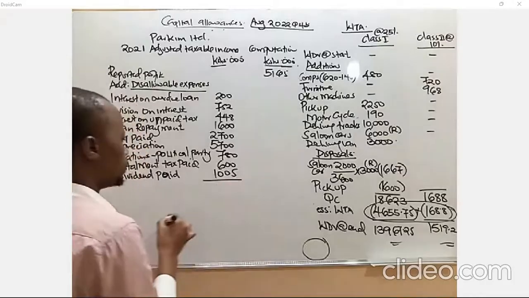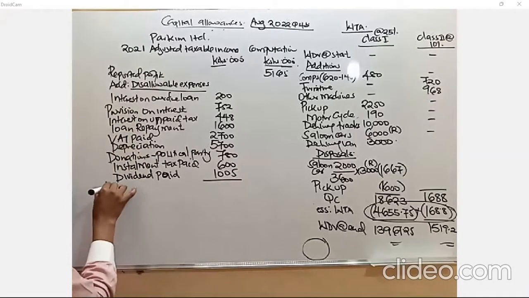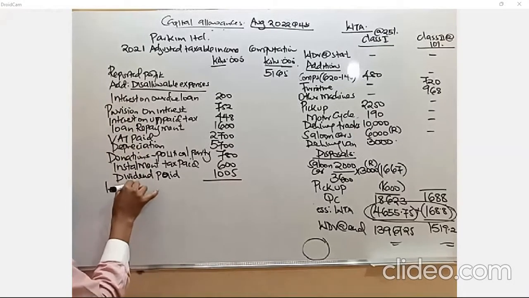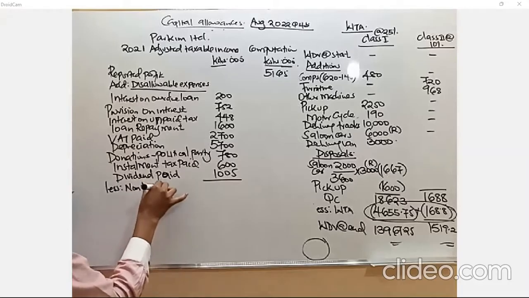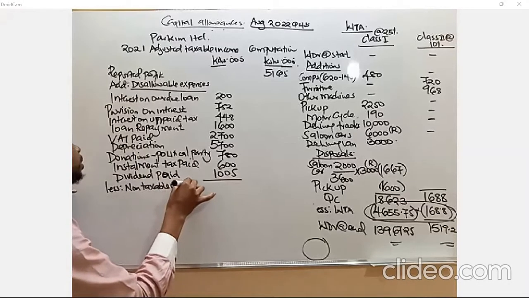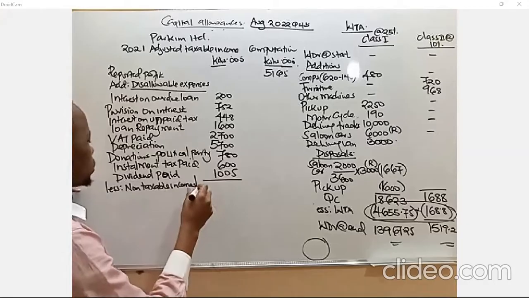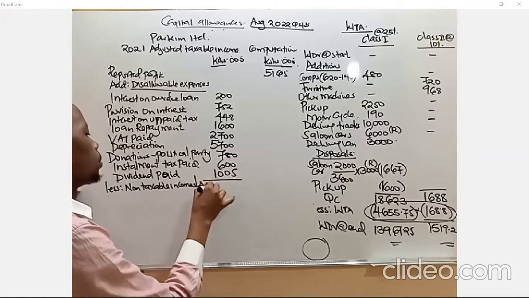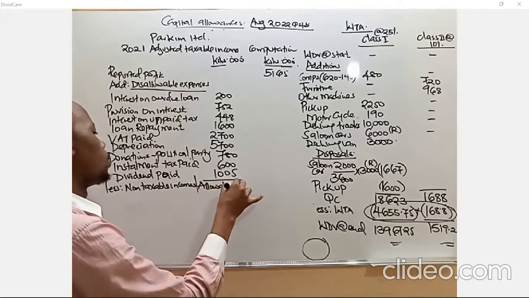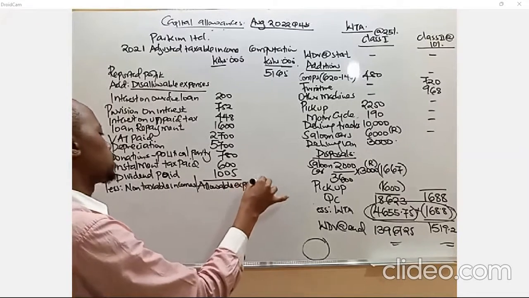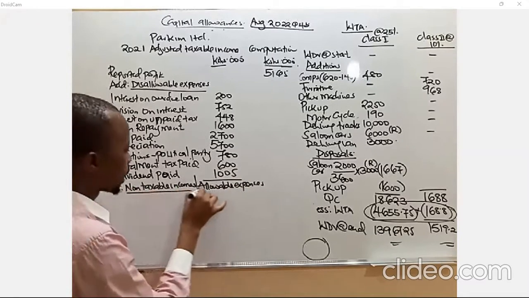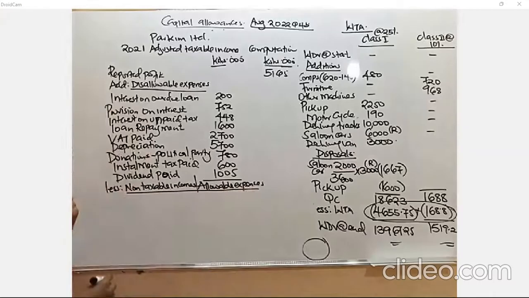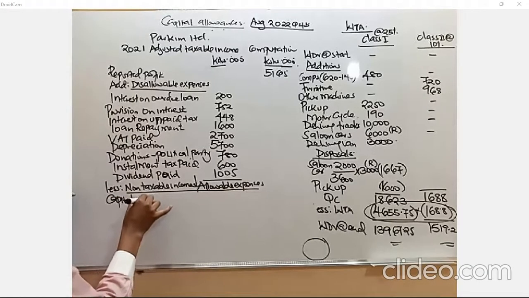What now we shall be concentrating on is we less non-taxable incomes. We divide allowable expenses. So in this case, non-taxable incomes stroke allowable expenses, you can start with your capital allowances.